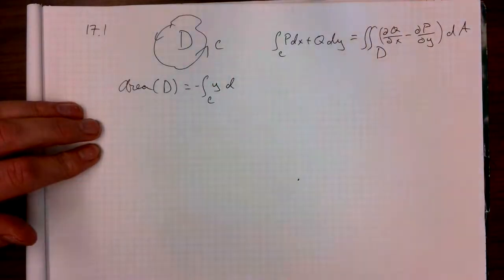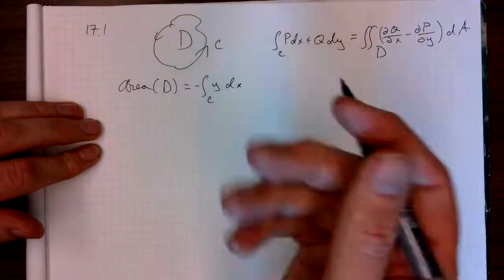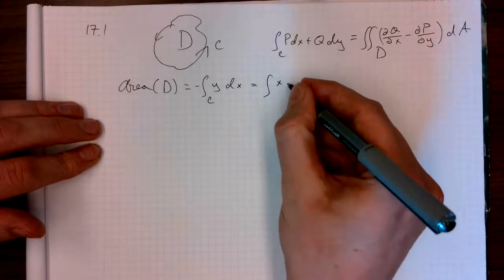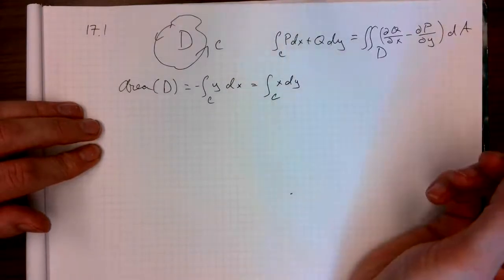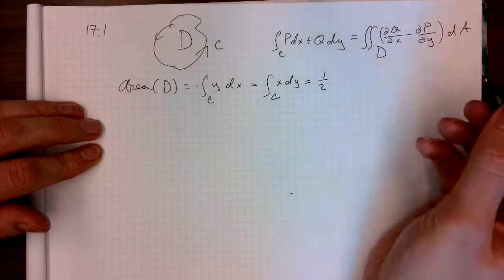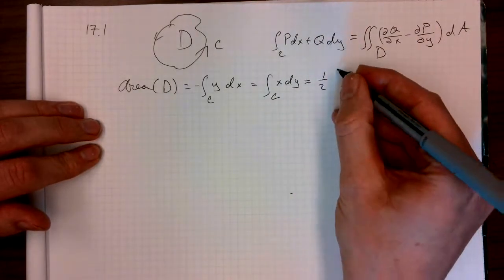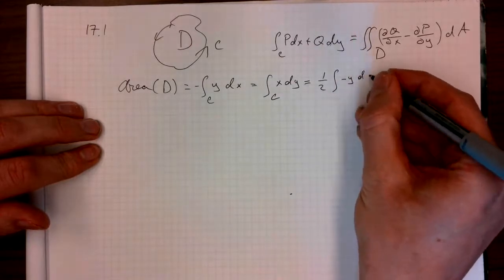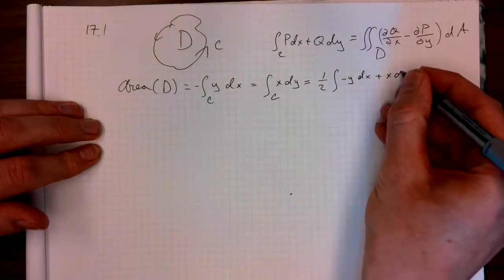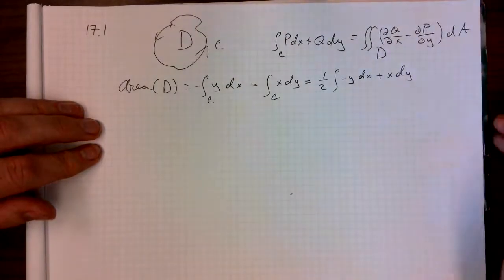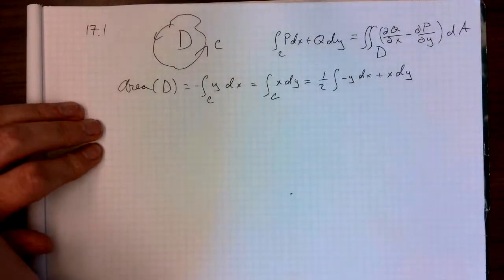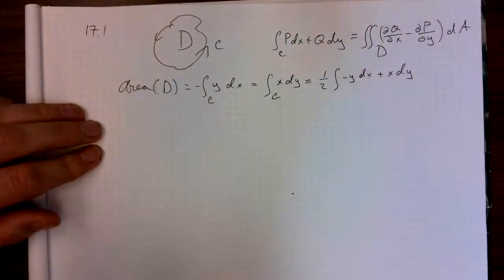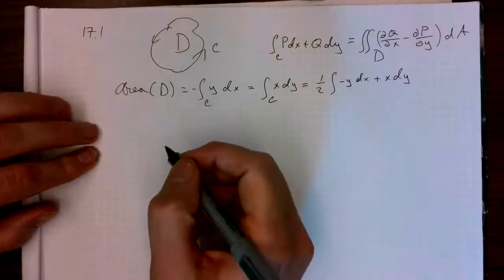If we look at the dx part, we can write it as this, or we can write this integral, or maybe the average of the two. So this would be minus y dx plus x dy. That would also work, right?